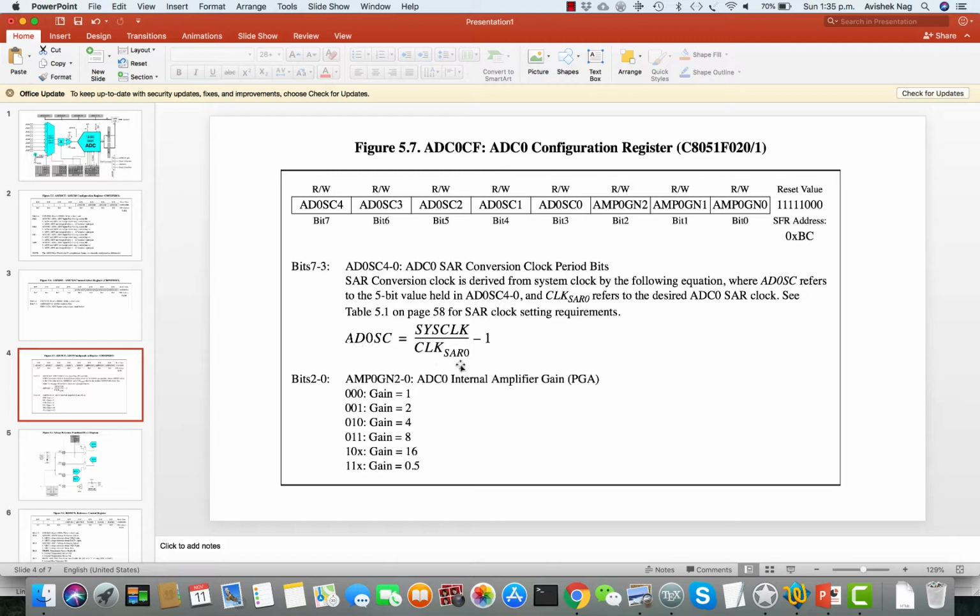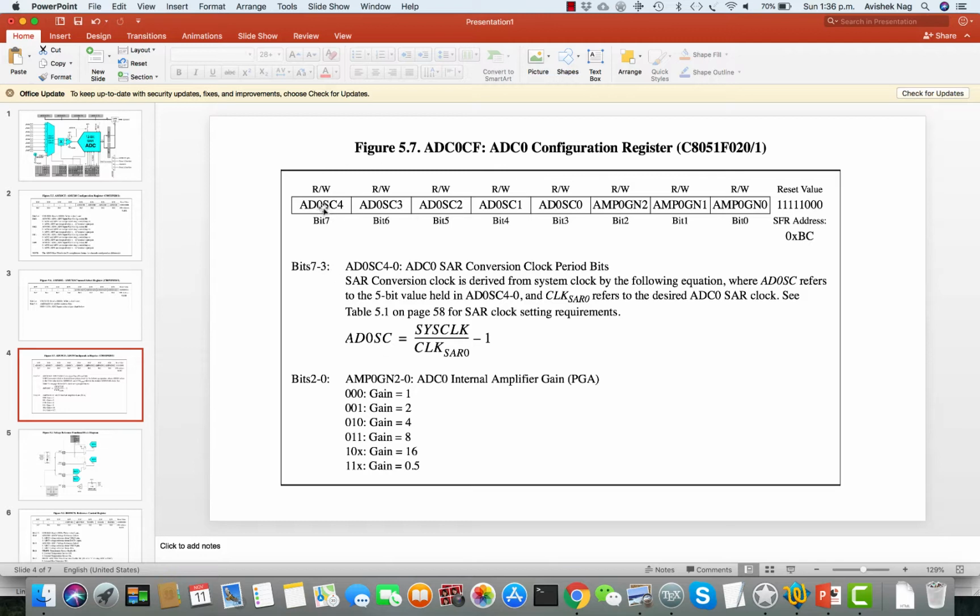Therefore the system clock divided by the clock that you are desiring, this ratio is 1, and therefore the ADC clock is equal to the system clock. So if you set these 5 bits to all 0, then you can make the ADC clock equal to the system clock.